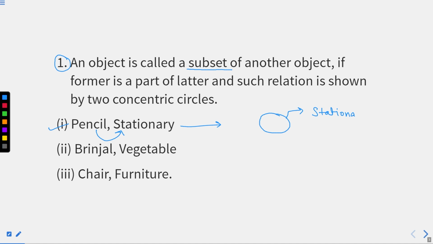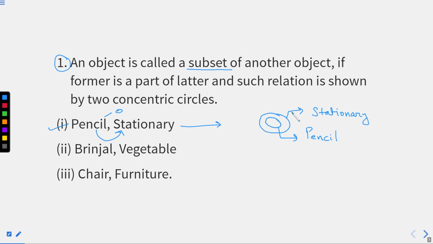This circle represents stationery. So as I said, if a pencil is represented by a small circle, where will you find a pencil? Inside the stationery or outside the stationery? It will be inside the stationery. So this small circle is for pencil. I hope this part is clear, right?